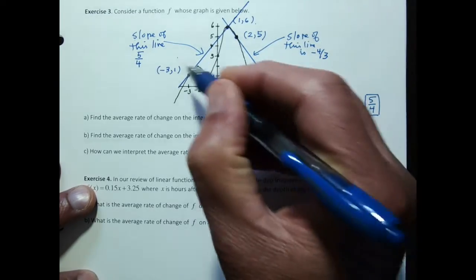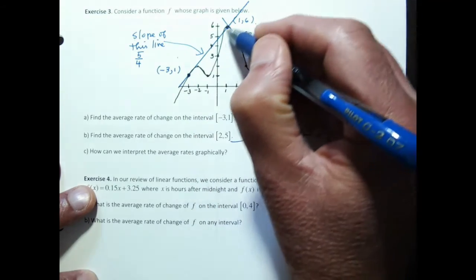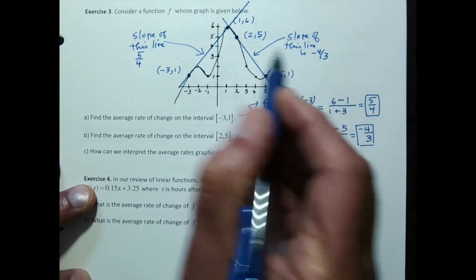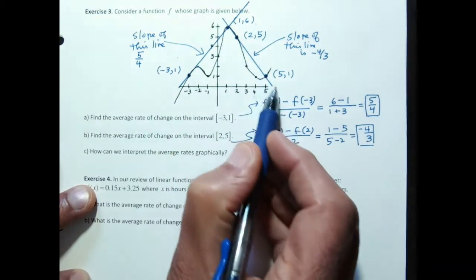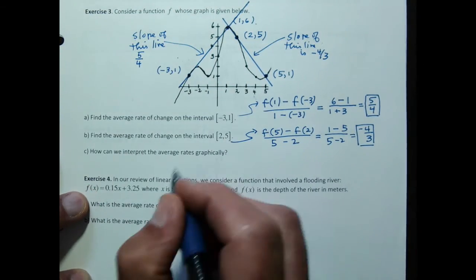And just notice the positive slope is a line that's increasing from left to right. The negative slope is for a line that's falling or decreasing as we move from left to right.